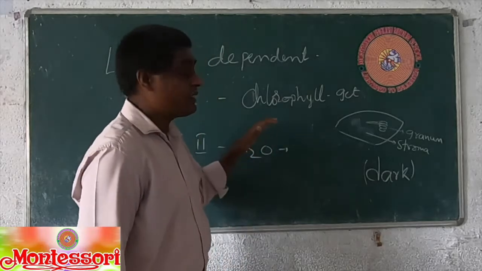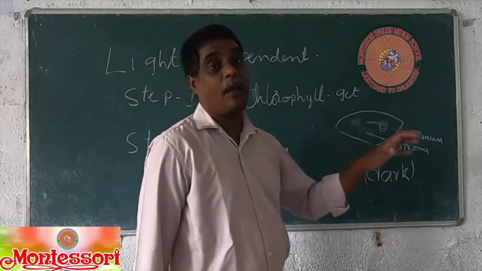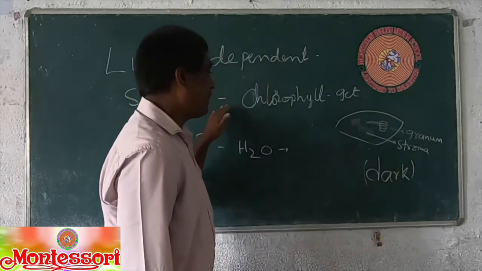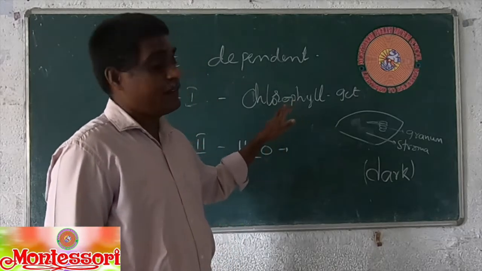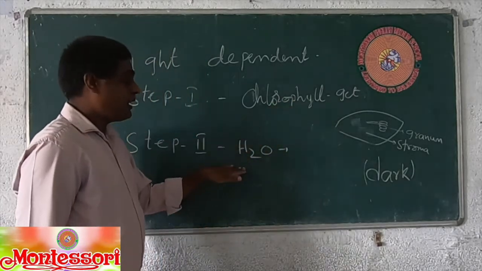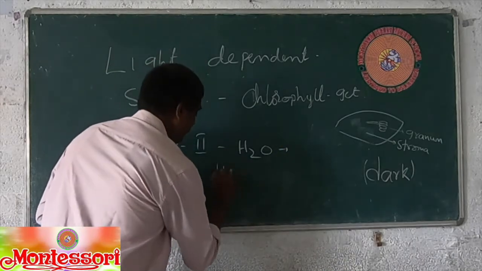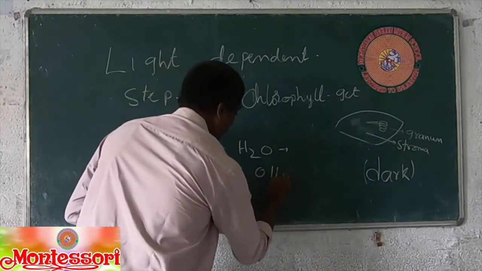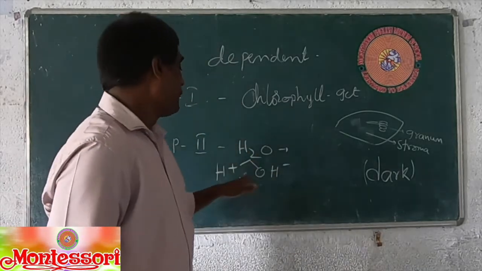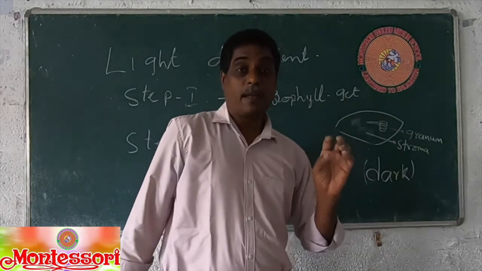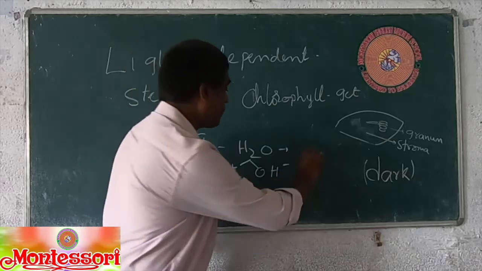So here, by using this energy, the splitting of the water molecule happens. After the chlorophyll gets activated by solar energy, the water molecule is split into H plus and OH minus ions. This process is called photolysis.